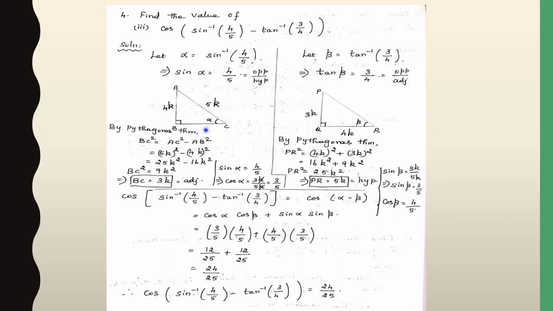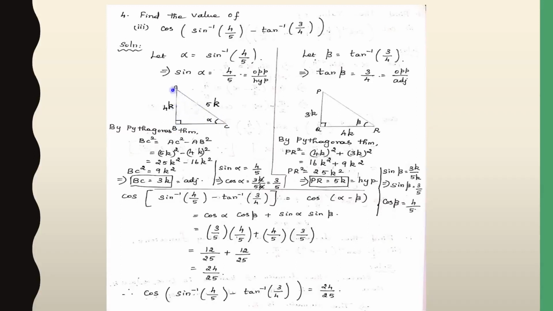We want to find the adjacent side. Since it is a right angle triangle, we must use the Pythagoras theorem. By Pythagoras theorem, AC square equal to AB square plus BC square. That is, square of the hypotenuse is equal to the sum of the squares on the other two sides.